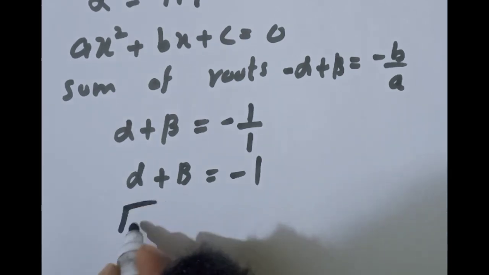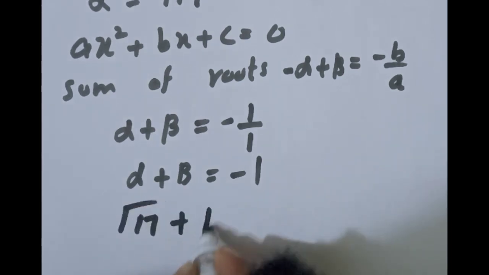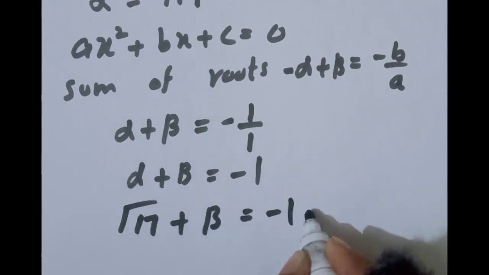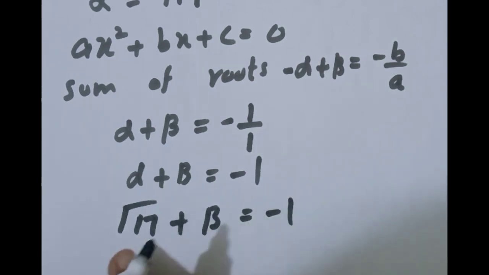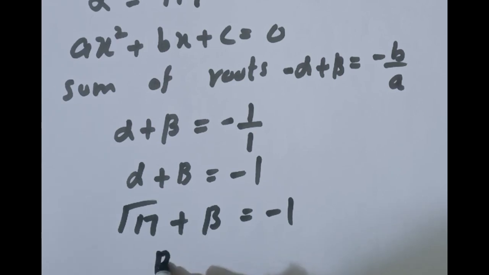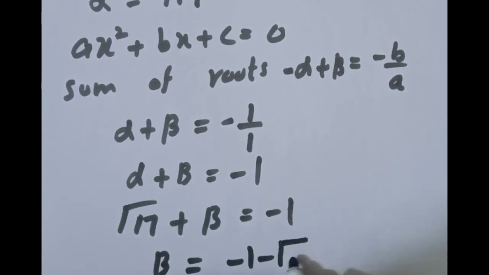So this will become square root of 17 plus beta is equal to minus 1. And we shift this under root of 17 to the right hand side of this equation. Then this will become beta is equal to minus 1 minus square root of 17.